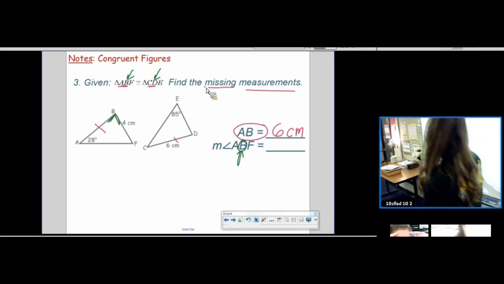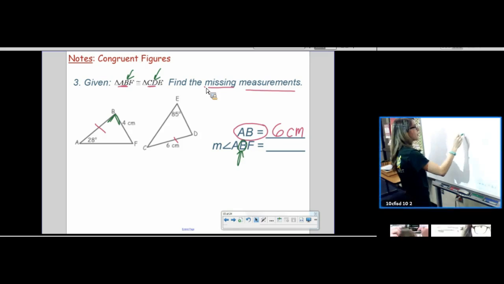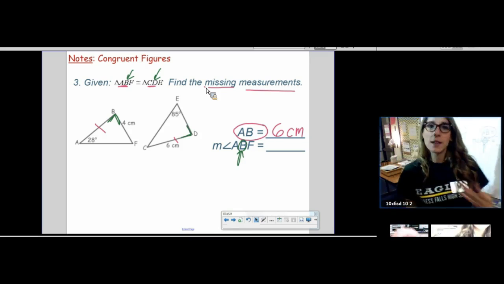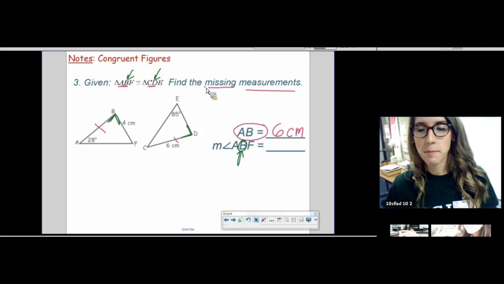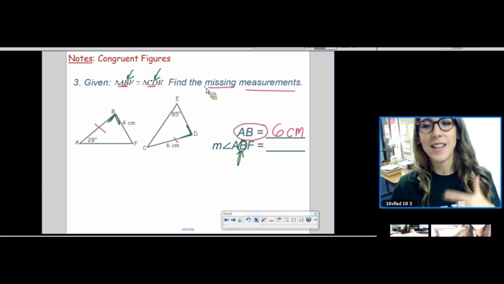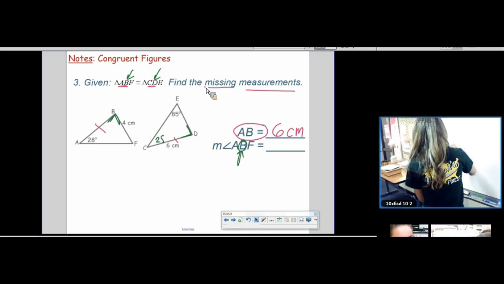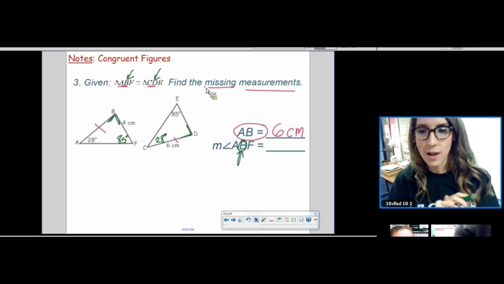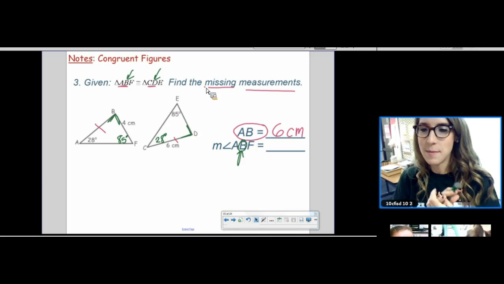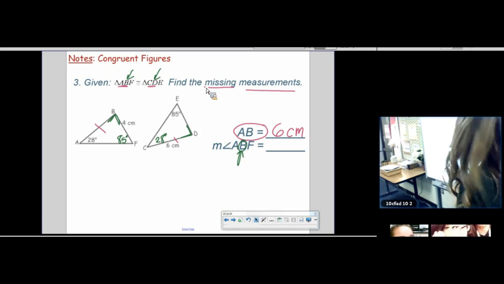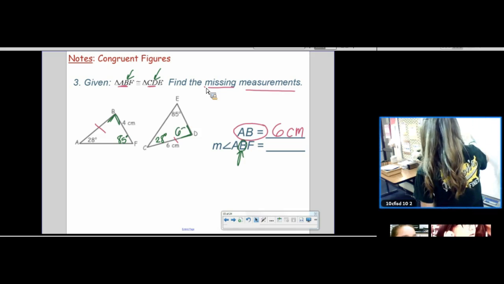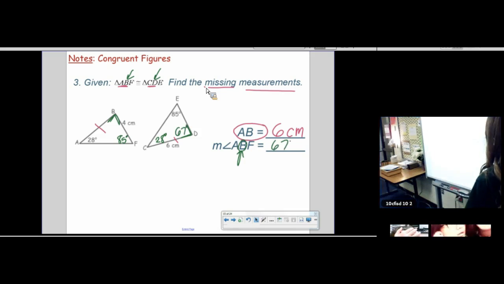Now we have a problem because we can't find angle B or angle D because we don't have enough angles in our triangle. But we can use the fact that angle A is congruent to angle C, and we can put the 28 here, or we could have put the 85 here. And then we can use the Triangle Sum Theorem, and we can find the missing angle. All right, so the Triangle Angle Sum Theorem says 67 degrees. Easy as that.